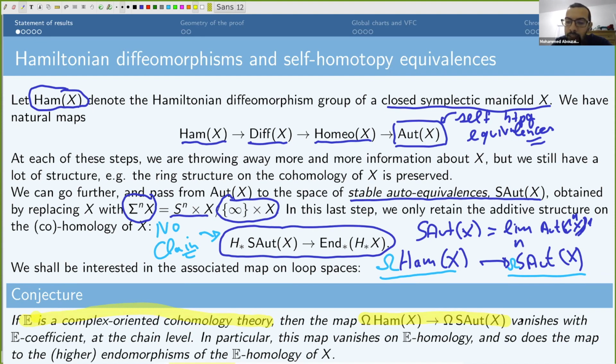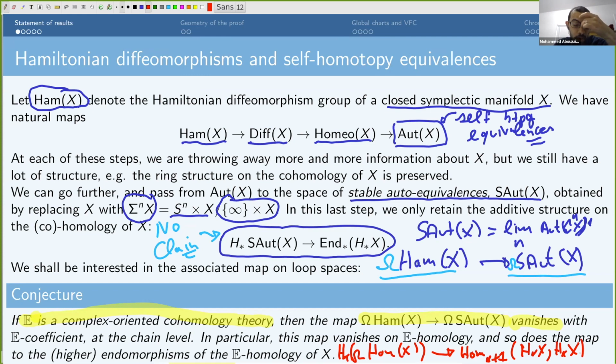Once this map vanishes, you conclude that the map from the homology of loop Ham X to Hom star plus 1 from the homology of X to the homology of X is null. So that's the claim.